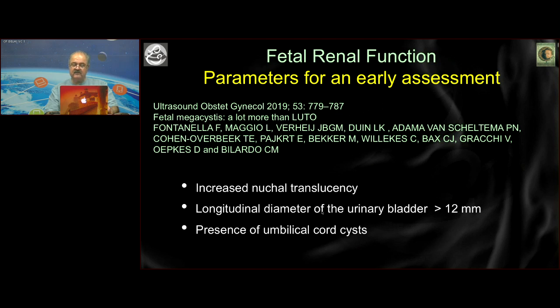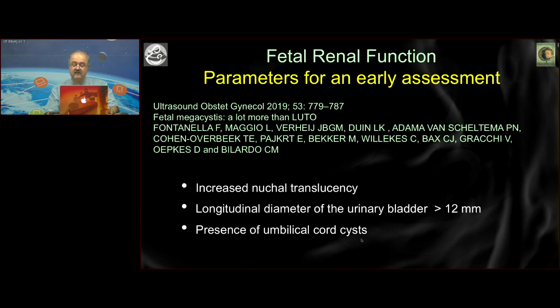If the longitudinal diameter of the urinary bladder was more than 12 and not 7 or 15 as the old landmarks, bad prognosis. And the presence of umbilical cord cysts at the time of any of the previous scans are markers of a poor prognosis.